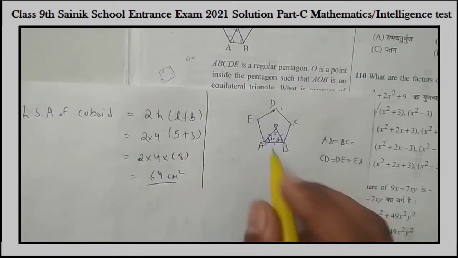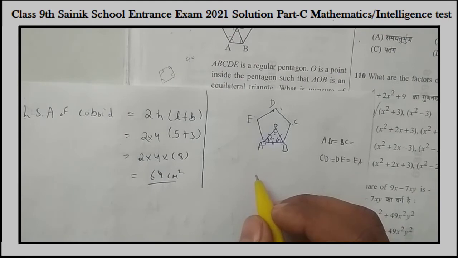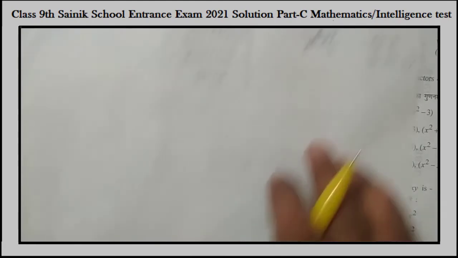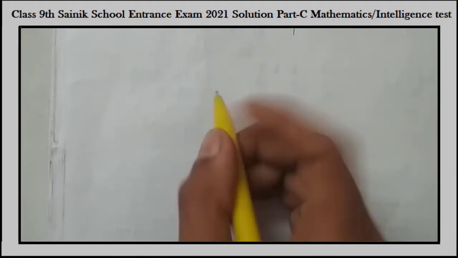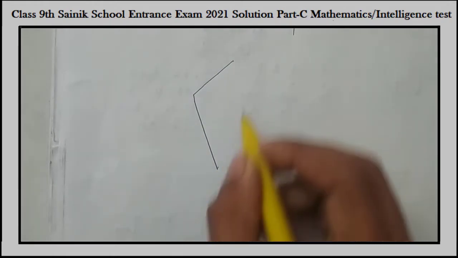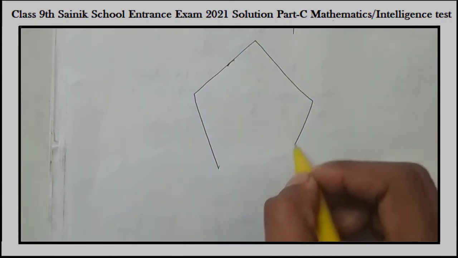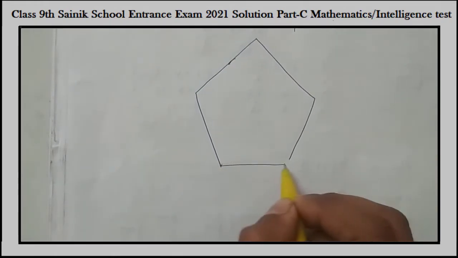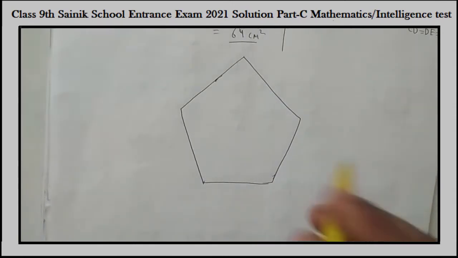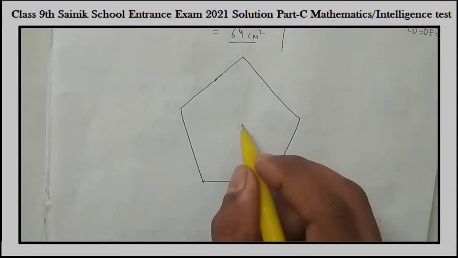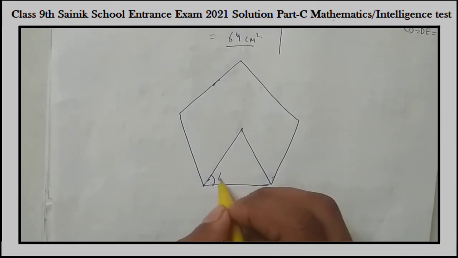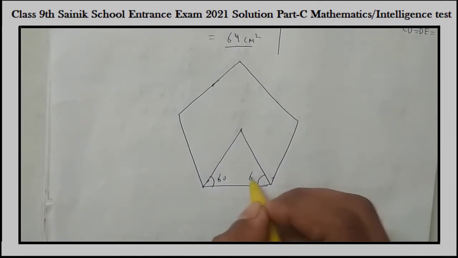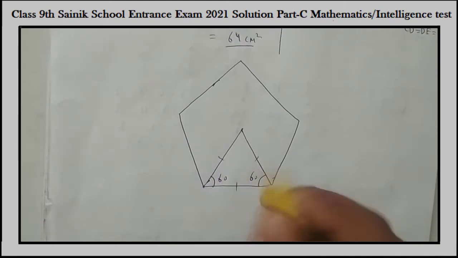Now let me draw again over here. This is our regular pentagon, and this is the equilateral triangle. Here angle is 60, this one is also 60, and all these sides are equal.